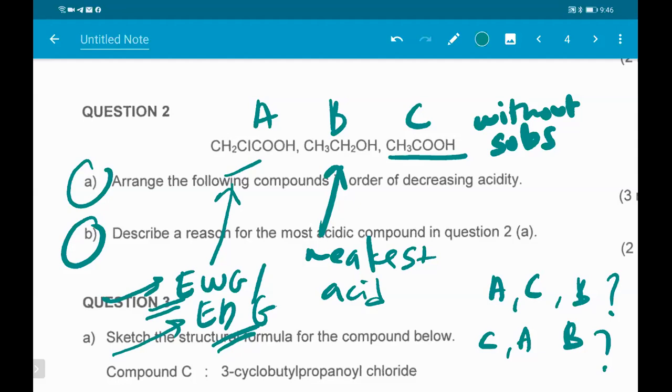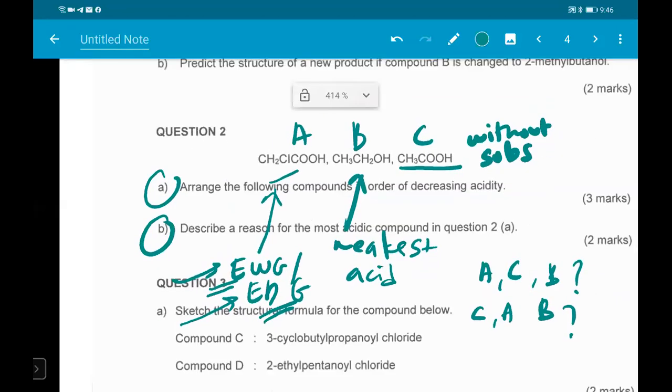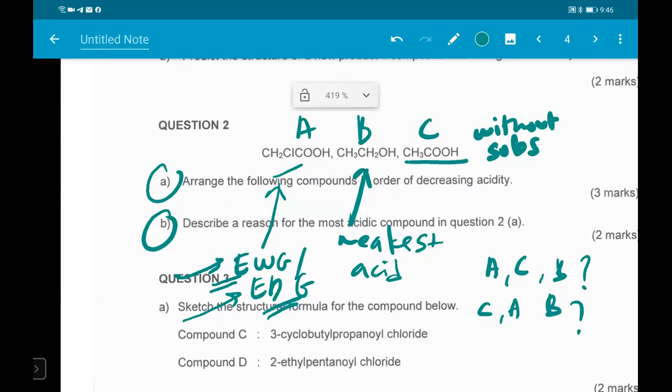Alright, that's it for the review question that we have in these two current papers ni, untuk Jun 2019 dan juga Disember 2019. Alright, ada apa soalan tak pasal topik ni?